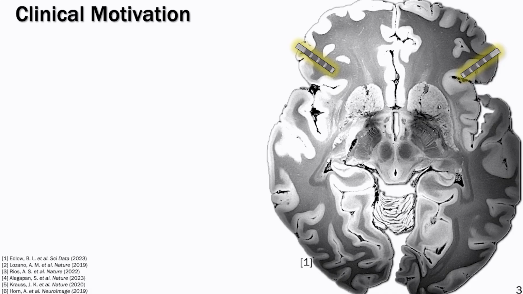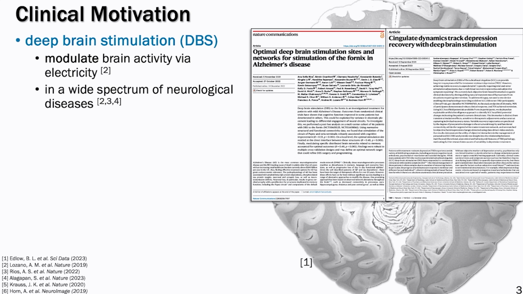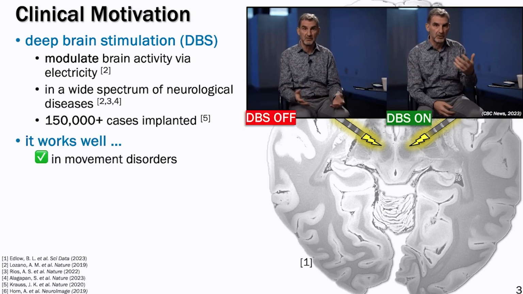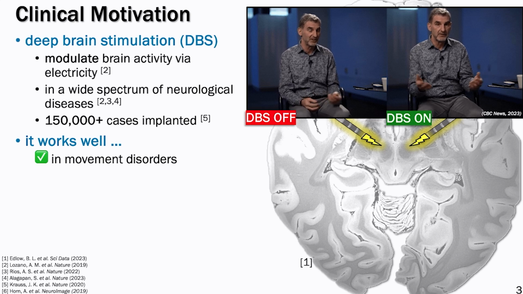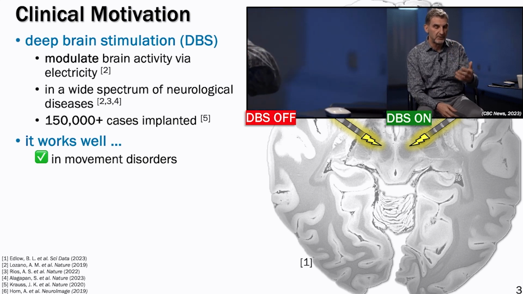So I want to start with some of the clinical insight or motivation behind this work. Deep brain stimulation is a neurosurgical procedure that involves the modulation of brain activity by electrodes. It has been studied for a wide spectrum of neurological diseases. With more than 150,000 cases implanted worldwide, we know that it works quite well for managing various neurological diseases, including Parkinson's disease, and that's what you see on the top right-hand side of my slide.